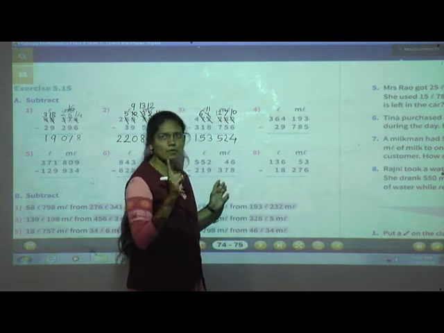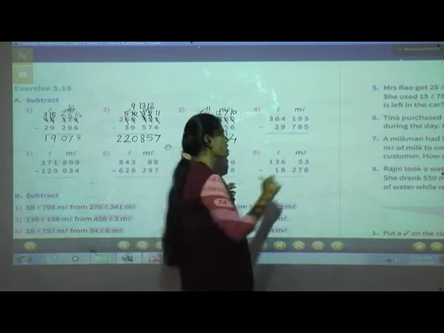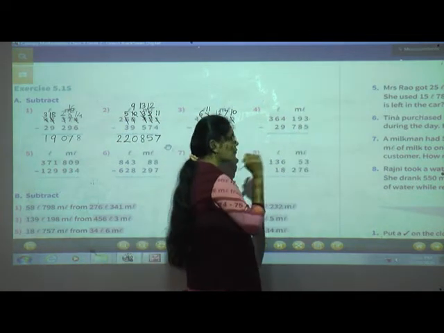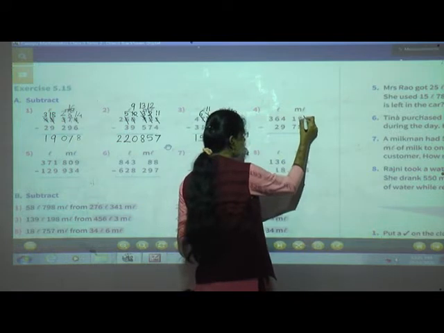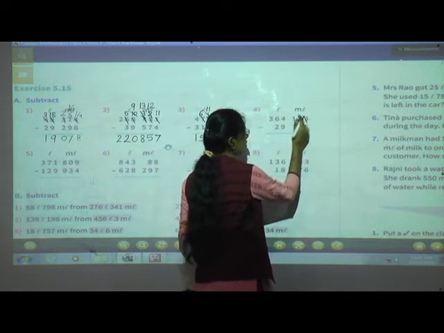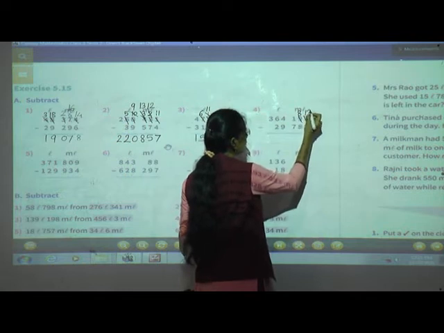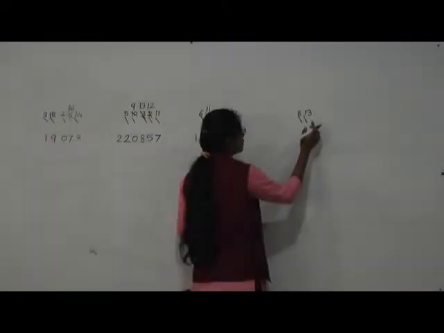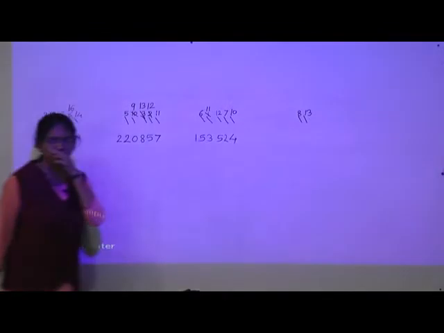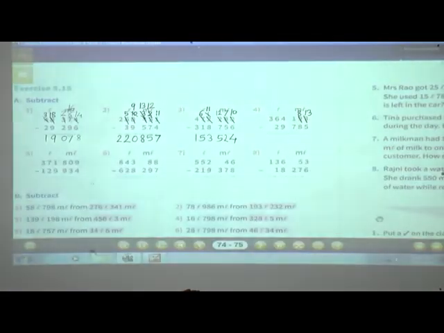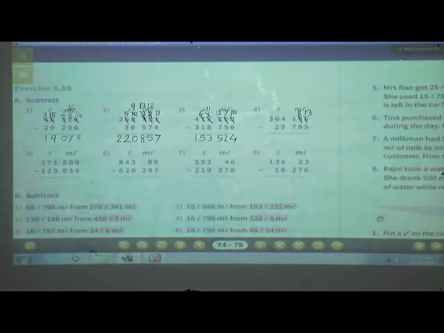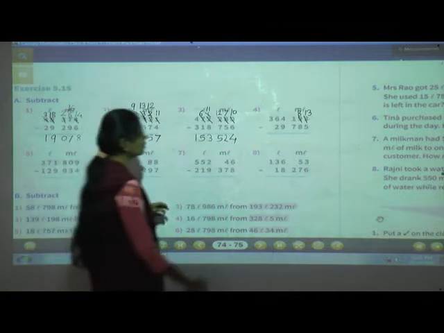Again 3 minus 5 is not possible because 3 is smaller than 5. So we will take one borrow from the neighbor. Here 9 is there. So 9 minus 1, 8, and this 3 will become 13. Now 13 minus 5. Yes, 13 minus 5. After 5, you have to count your fingers till 13. 13 minus 5 is equal to 8.